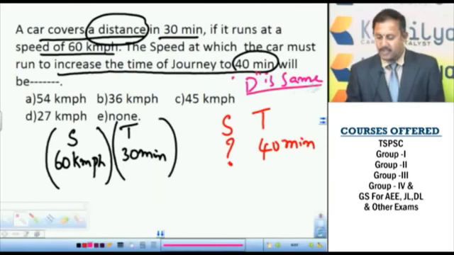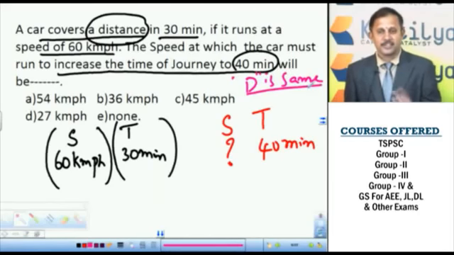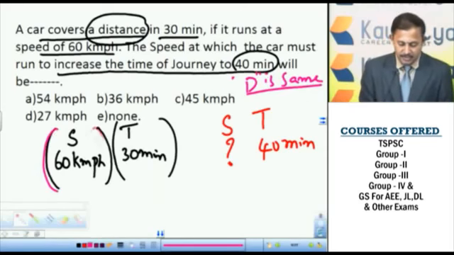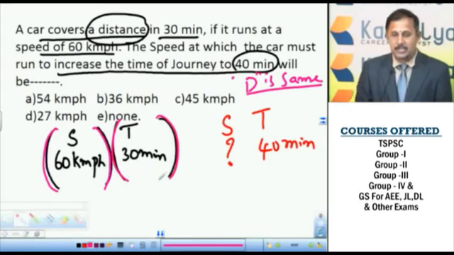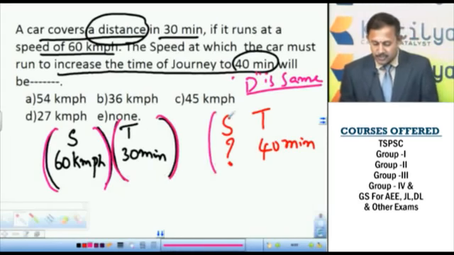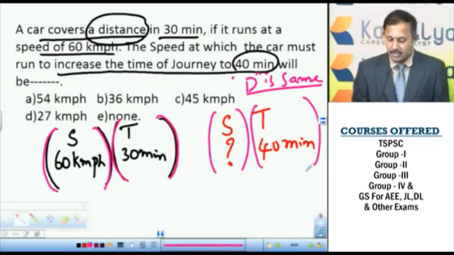If suppose there is a change in the distance, that can be specified. So while going through the data, it is self-evident. Friends, what is the speed in the first case? 60. What is the time period in the first case? 30 minutes. And the question is, the speed at which the car must run to make the time of journey 40 minutes. But in this case the distance is same.